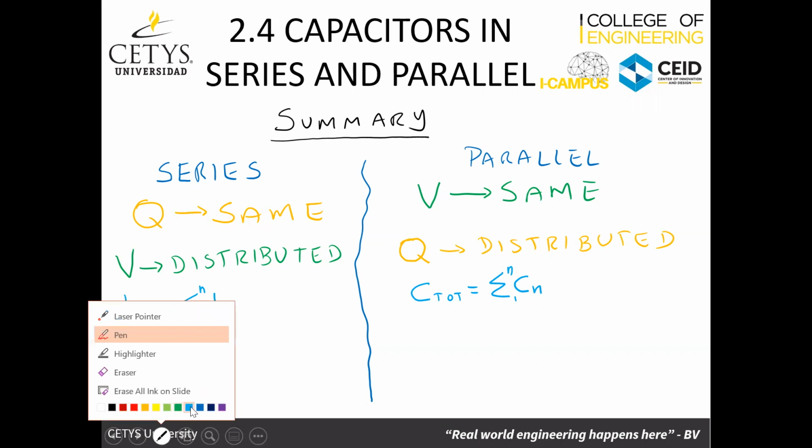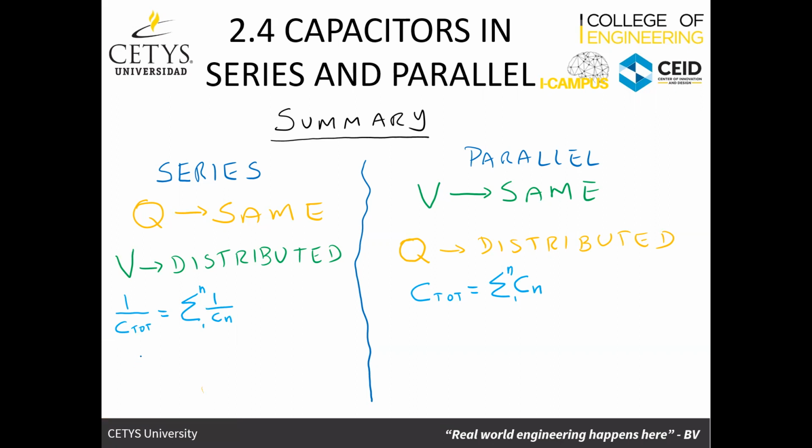And lastly, what we can also say is that in series, the total capacitance is smaller than the individual capacitances.